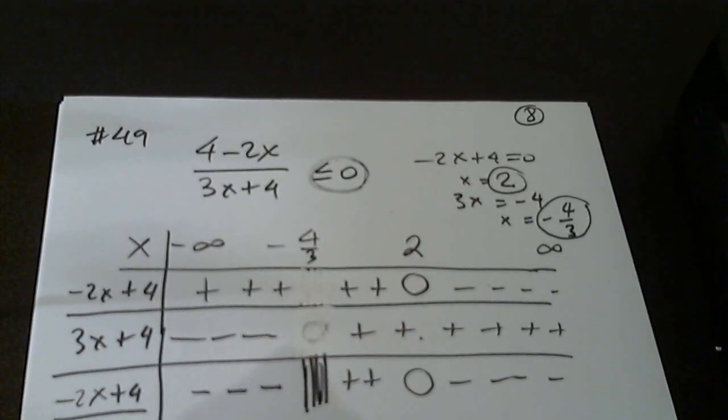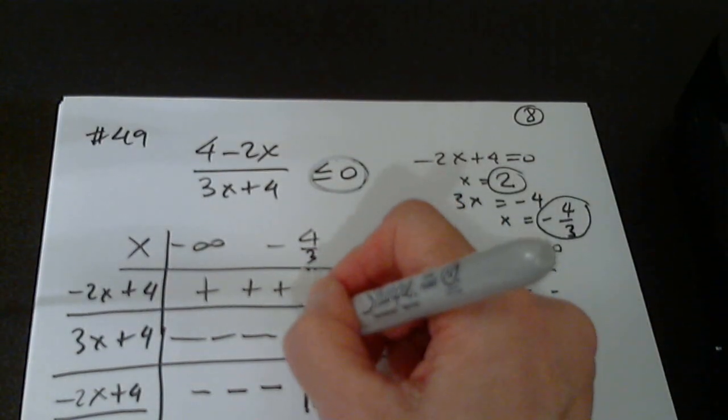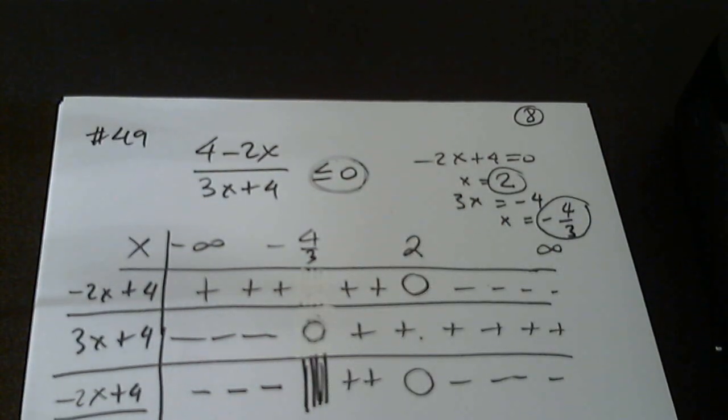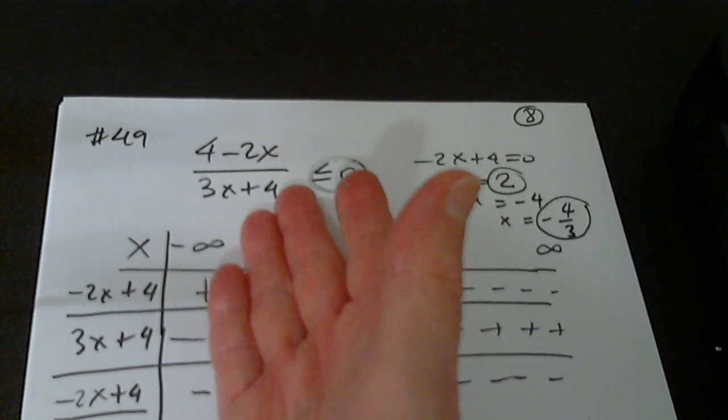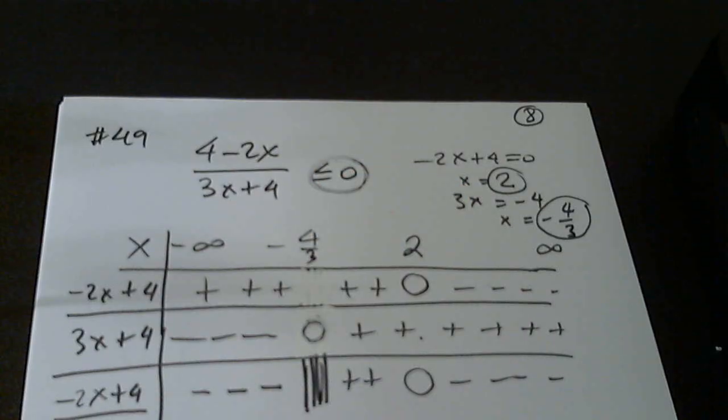So x is in this interval. And this is finally 0. So the only difference between rational inequalities and polynomial inequalities is that these rational expressions may be undefined.